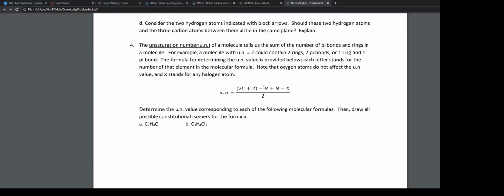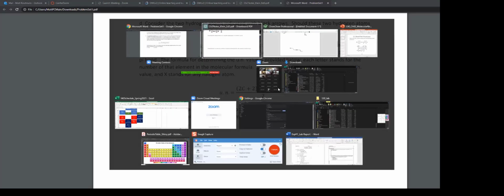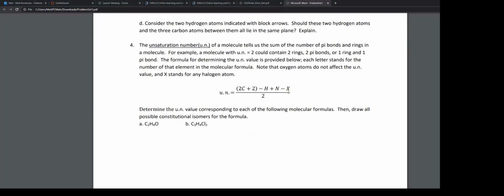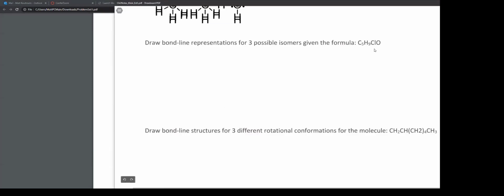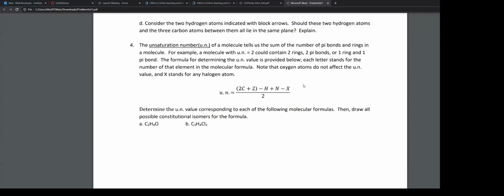So 12 minus 9 is 3, plus how many nitrogens? 0. Minus how many halogens? 1 halogen, so minus 1 is 2, right? So 2 divided by 2 is 1. That means 1 pi bond, or 1 ring.